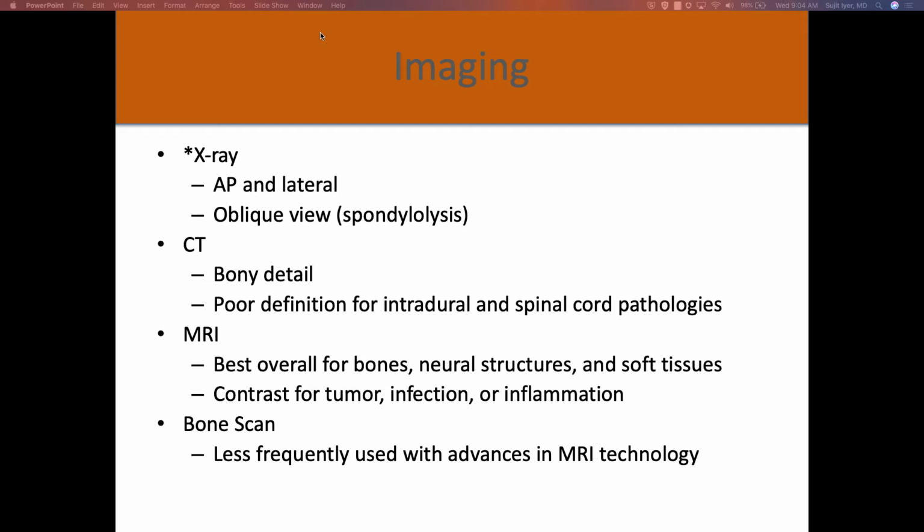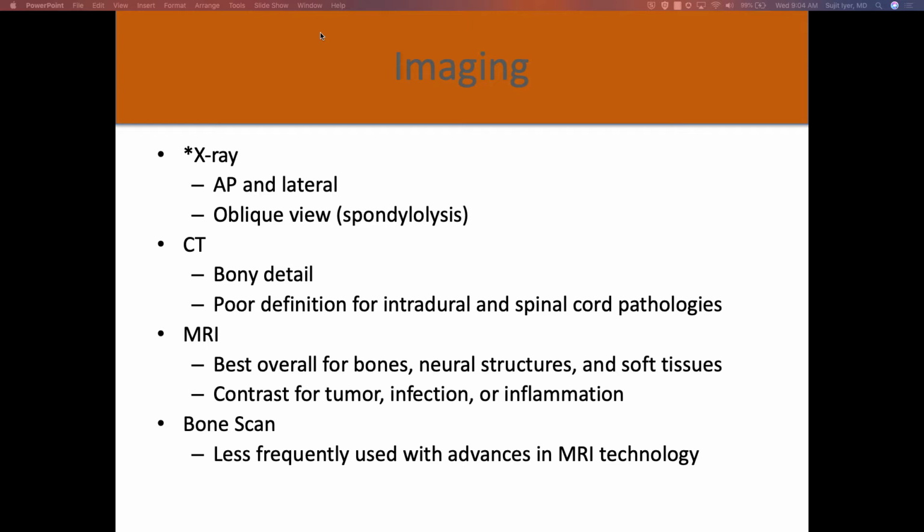And then imaging. Often the first modality with back pain is going to be plain films, so with your 2-view x-rays, looking at the spine itself. And if you're worried about spondylolysis, getting an oblique view to look for that Scottie dog sign. But there's other imaging that helps with better visualization.